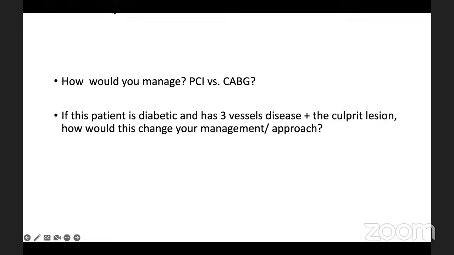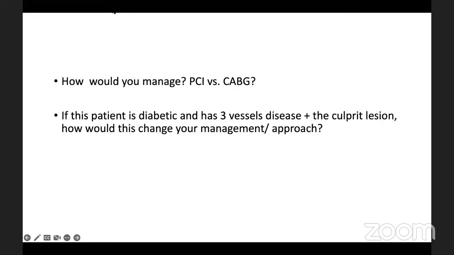Okay, I'll guide you through this. There is an AHA recommendation that used to be class 3, which is harm or no benefit, for opening the other vessels other than the culprit lesion during STEMI if the patient is in shock.